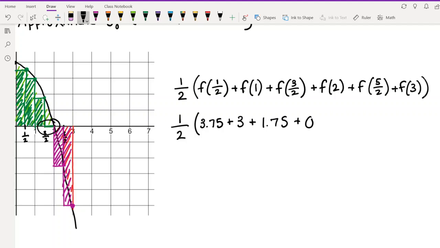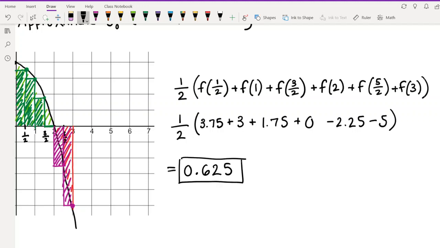That's the one that was like here. And then f of 5/2 gives us negative 2.25. And then the last negative one is f of 3, and that's negative 5. And so if you do all this out, multiply by 1/2, you'll find that this total area is going to be 0.625. So that is our approximation. And so the reason that, this is kind of a small number, right?